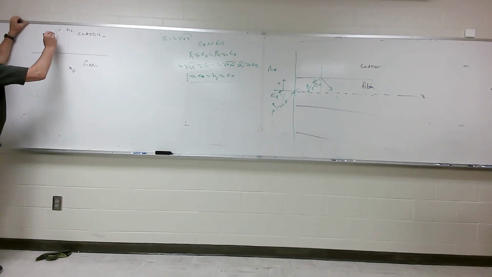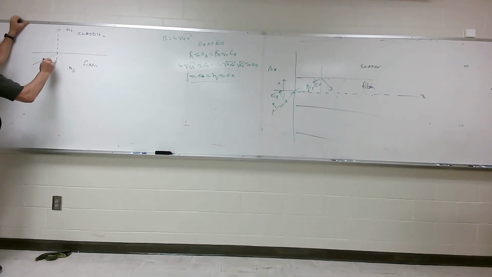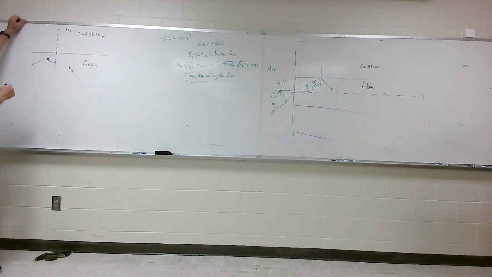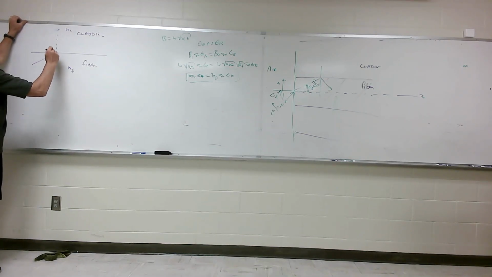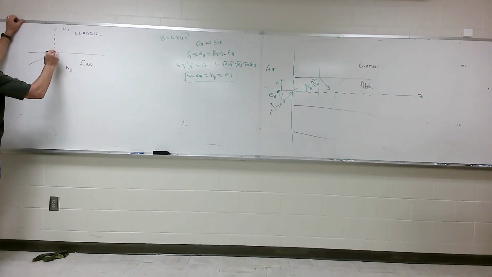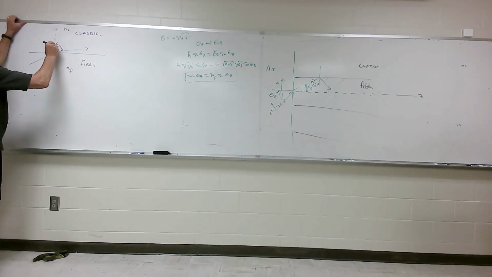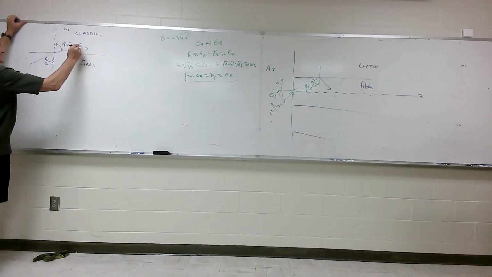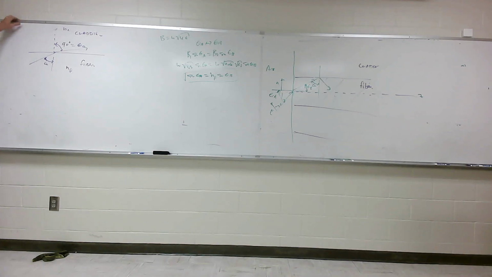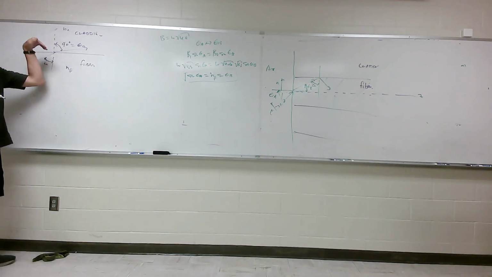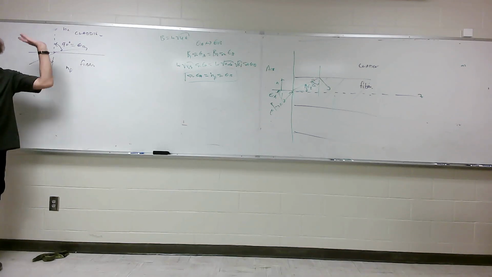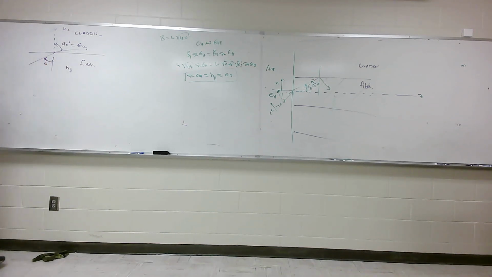Now, here's the normal. Here's the angle coming in, and he labeled that theta C, right? What he wants is this angle here to be 90 degrees. I'll call it theta D, into the cladding. You understand that, everyone? So that means if it's 90 degrees or more, everything reflects back. Nothing is transmitted into the cladding. That's the idea.